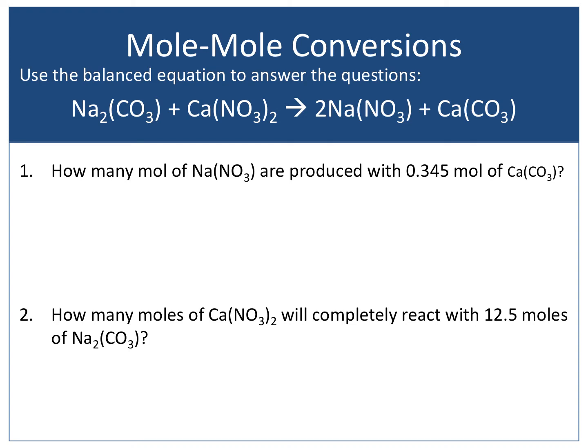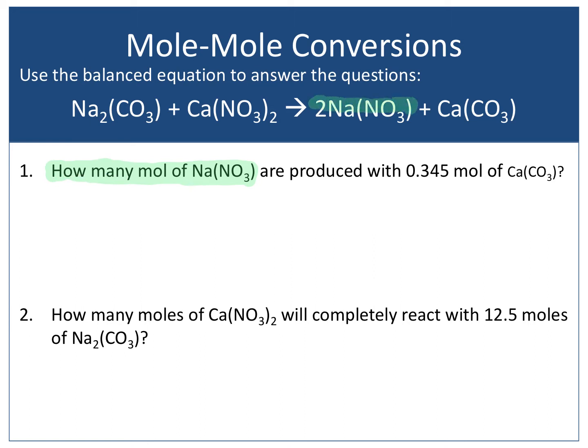All right, here we have the formula of sodium carbonate plus calcium nitrate, giving us 2 sodium nitrates and a calcium carbonate. This is already balanced for us, so I just got to read the question, figure out what I want and what I'm given. Question 1 here starts off with how many moles of NaNO3?